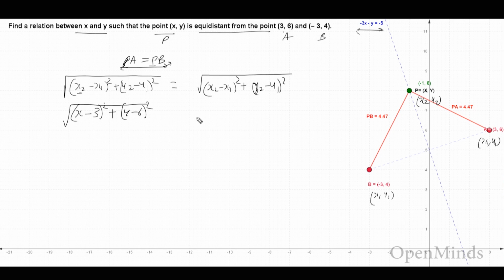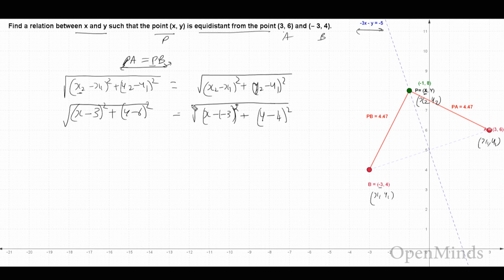So in this case, what is x2 now? x2 is x itself and y2 is y itself, but x1 is negative 3. So I can write x minus of minus 3 the whole squared, plus, yeah, there's another bracket here, y2 is y and y1 is 4. So I get y minus 4 the whole squared. So that's what we have to solve to get the equation.